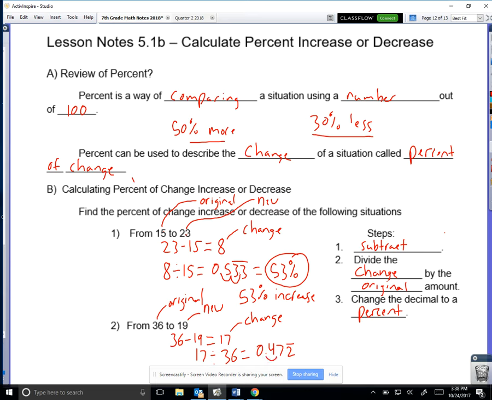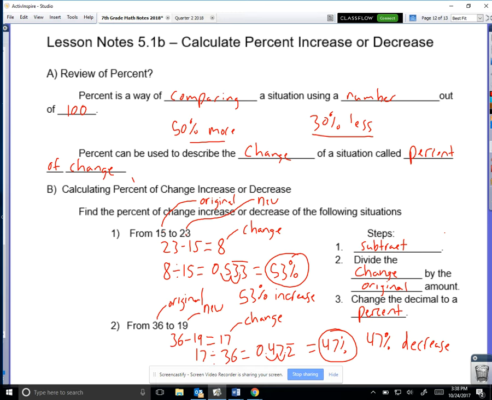Take this decimal point, move it 2 places to the right. Now it's going to go right there, and I'm going to drop off that 2. I don't really need it anymore. And we'll make that a percent, and it's going to be 47%. Okay, so to put that into words, going from 36 down to 19 is a 47% decrease. All right, it went down by 47%. We just described what the change of that situation is.